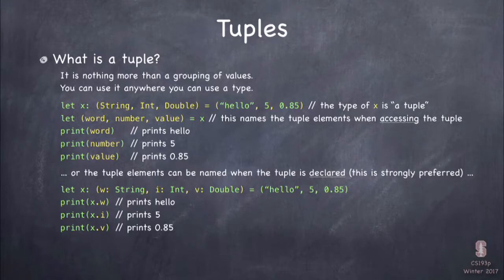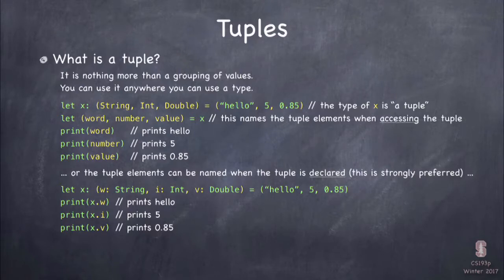I can just say x.w and get the first component of it. This is how we do tuples with names. I strongly recommend you almost always use names with tuples. It's easier to read and clearer about your intent as a programmer, because the names of the parts of the tuple can be good variable names.